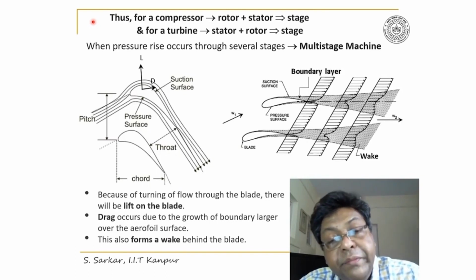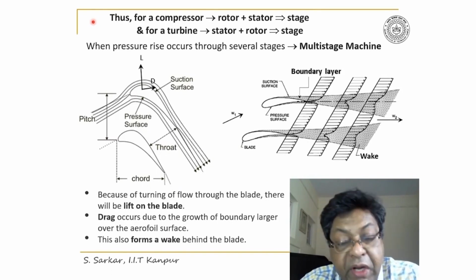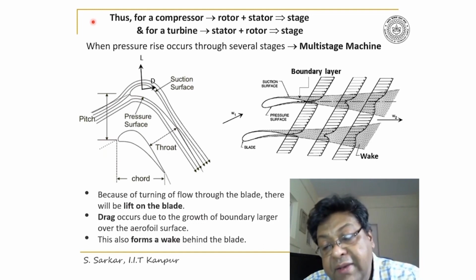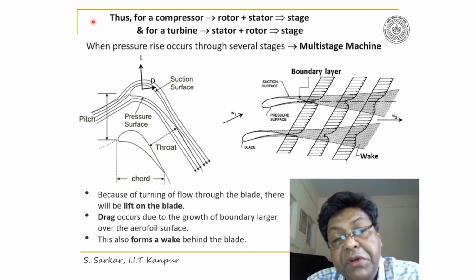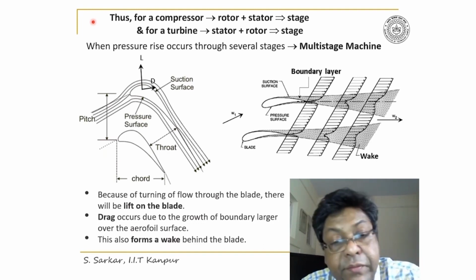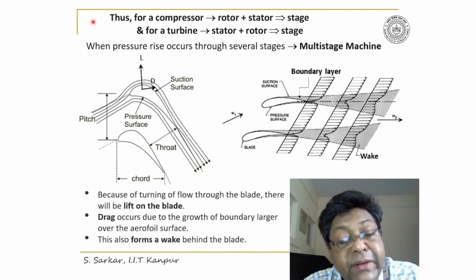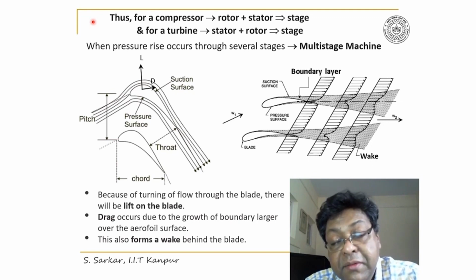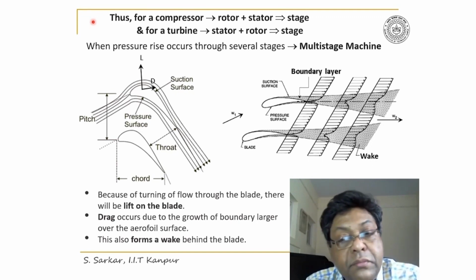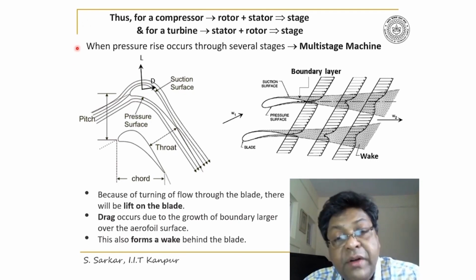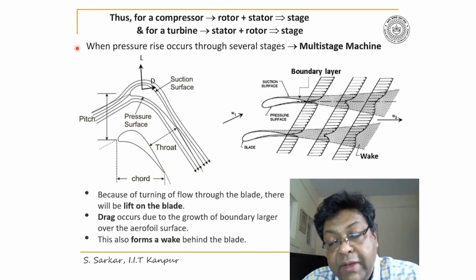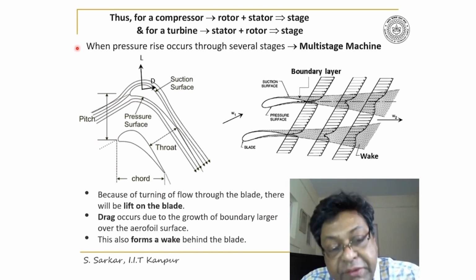Please note that for a compressor, a stage is defined by the combination of a rotor and stator, whereas for a turbine, it is defined as stator plus rotor. And when the pressure rise occurs through several stages, the machine is called a multi-stage machine.